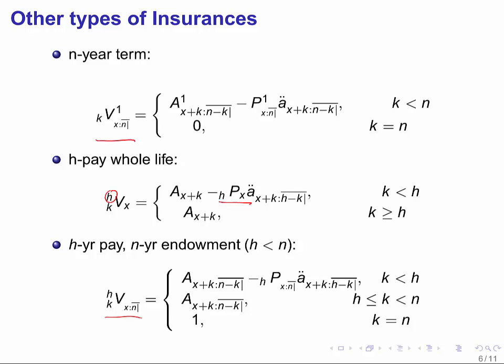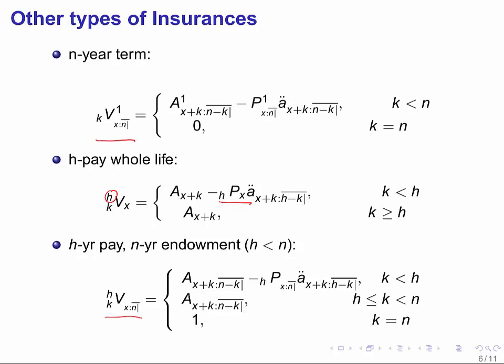The future benefits will be endowment from time K until time N. So that's an N minus K year term endowment to a person aged X plus K. And for the premium part, the premium is payable until year H, so the term of the premium will be from time K until time H. So this is an H minus K years term annuity due to a person aged X plus K. And this should be multiplied by the annual amount of payment, which is an H pay N year endowment.